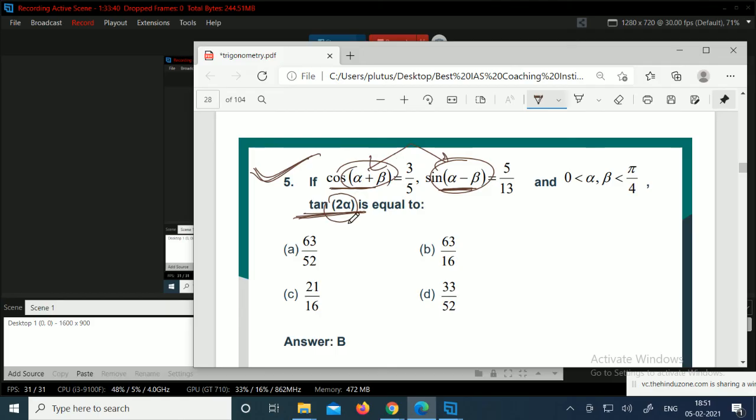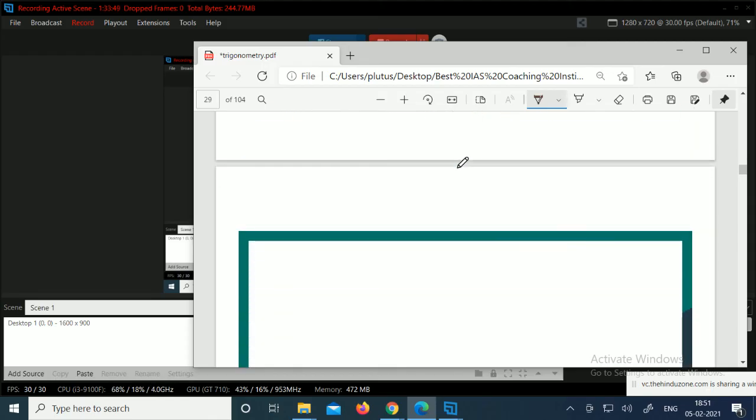So we need to arrange this in terms of alpha plus beta or alpha minus beta. So we can write tan 2 alpha equal to alpha plus beta plus alpha minus beta. Can I write like this? Because beta gets cancelled, so this is equal to tan 2 alpha.